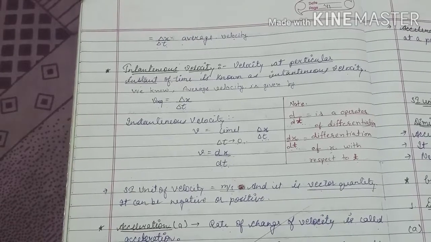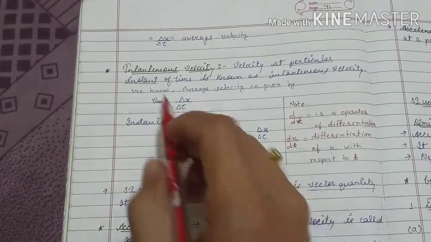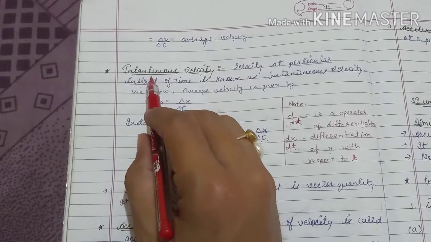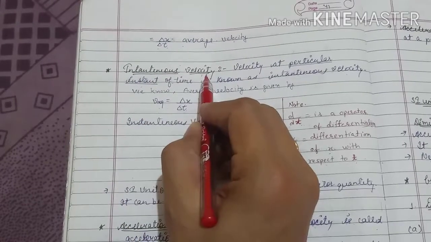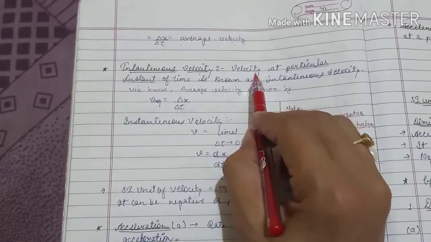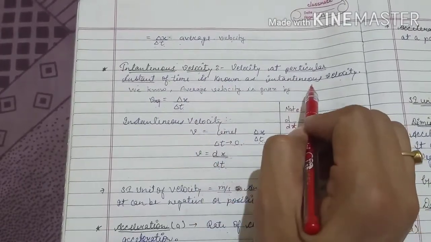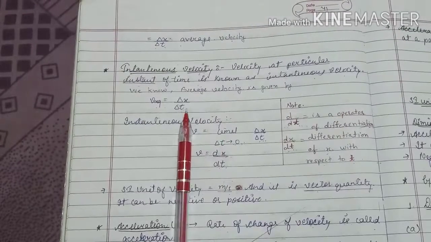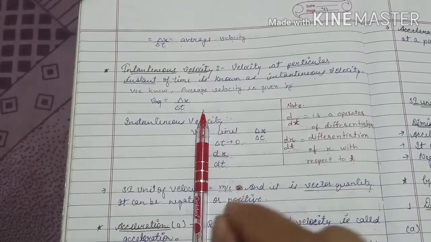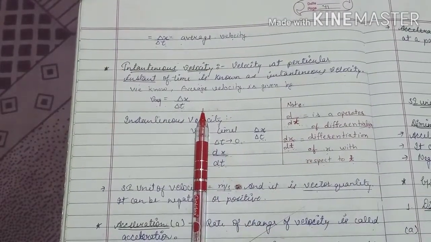From time instant to time instant, the velocity of the vehicle is changing. So that's why we need a new quantity, which is instantaneous velocity. The velocity at a particular time instant is known as instantaneous velocity.